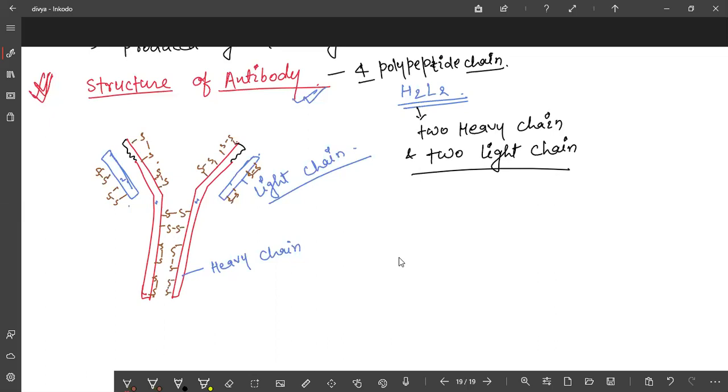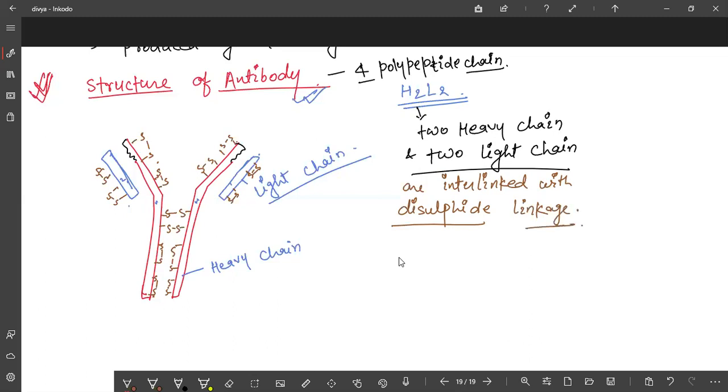So I can write here 2 heavy chains and 2 light chains are interlinked with disulfide linkage. These chains are interlinked with the help of which type of bond? Disulfide.